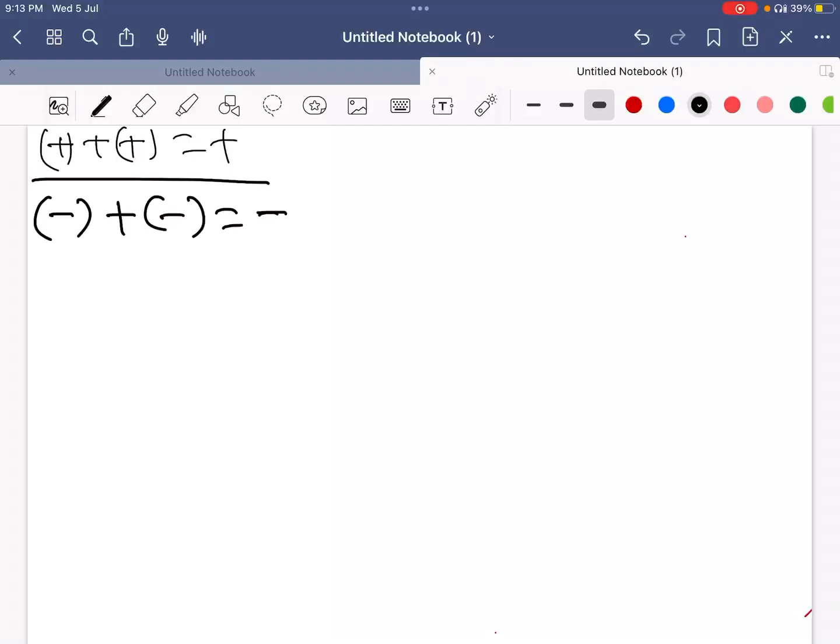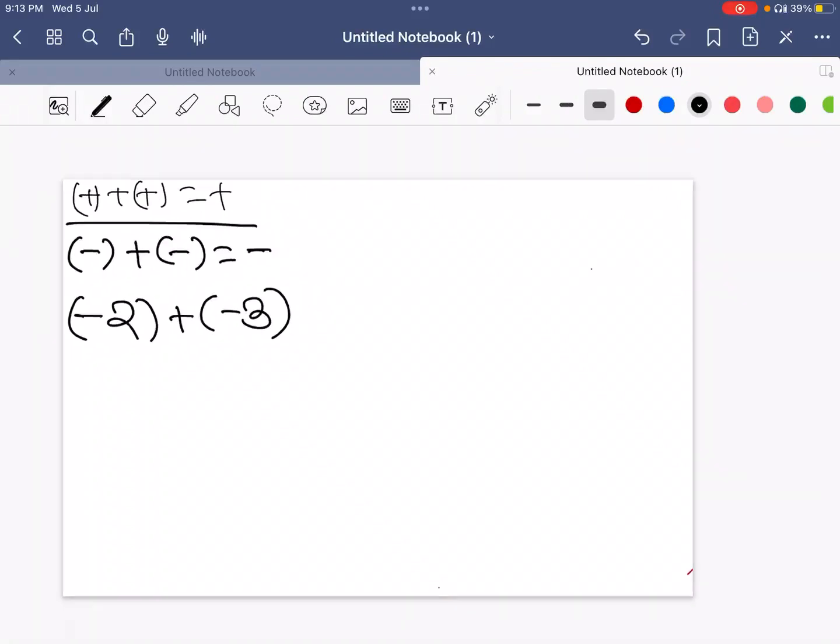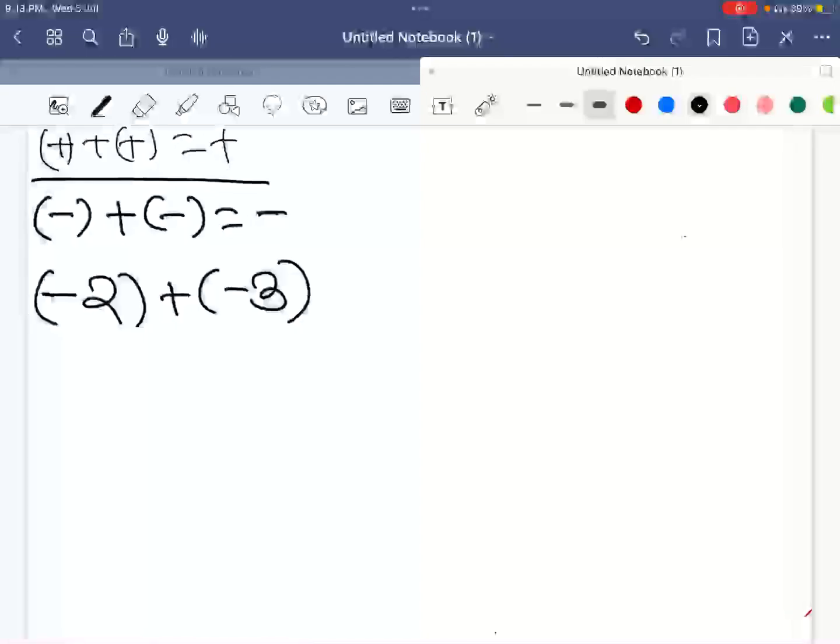Let's take an example. Similarly, minus 2. Just keep in mind, always write negative terms in a bracket. Plus of minus 3. Clear है?